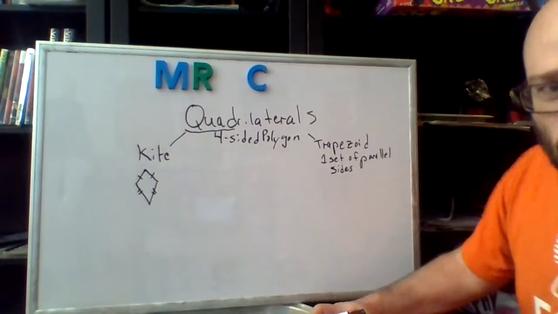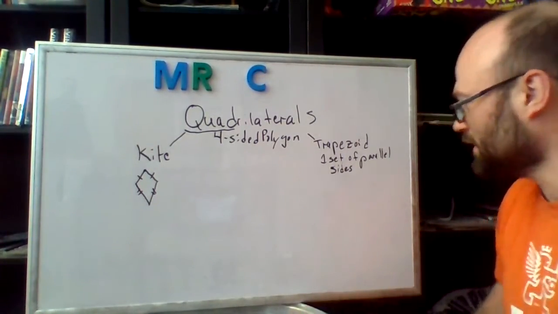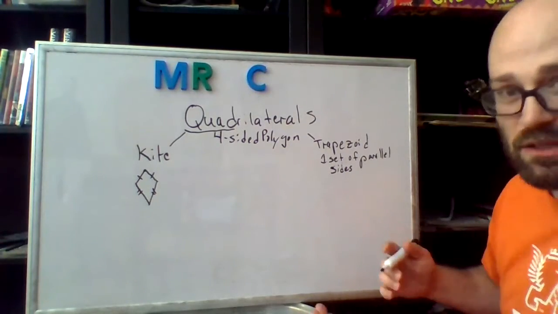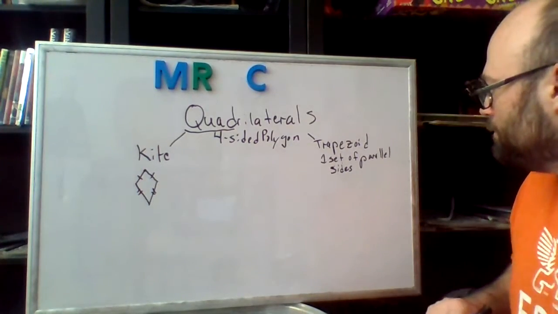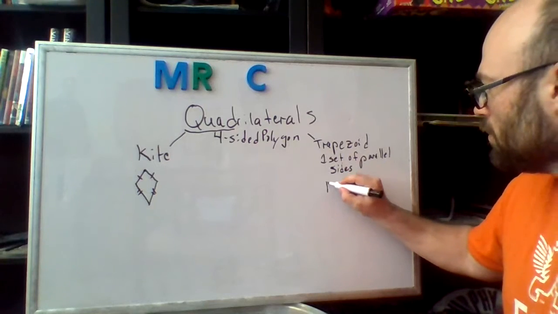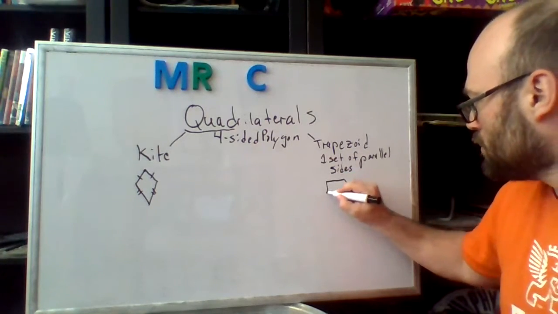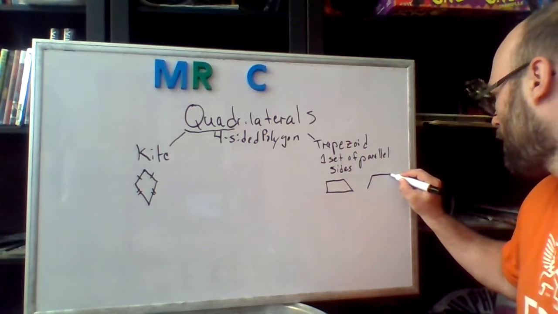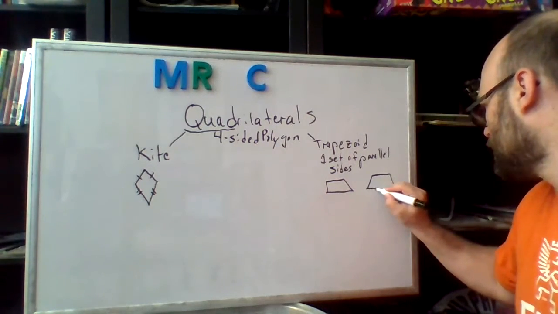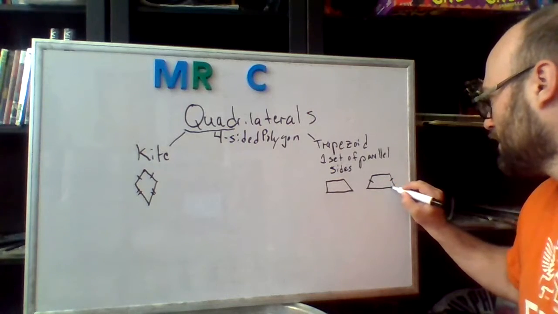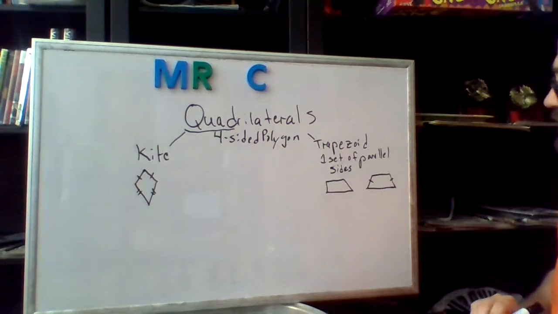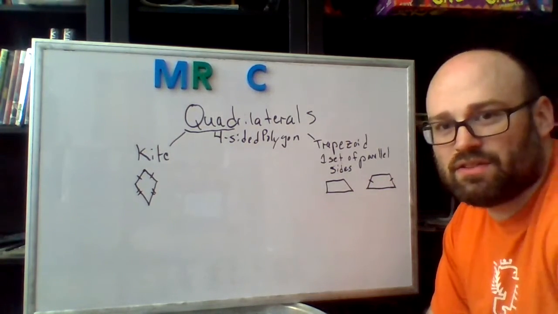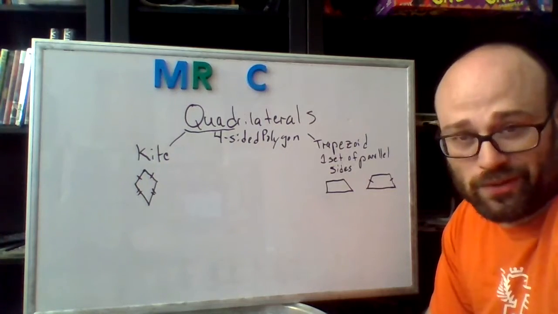It's a pretty good size board, but not as big as a board at school. So that's a normal trapezoid. Then you have the isosceles trapezoid, where these two sides are exactly the same size. Isosceles means that two sides or more are congruent.